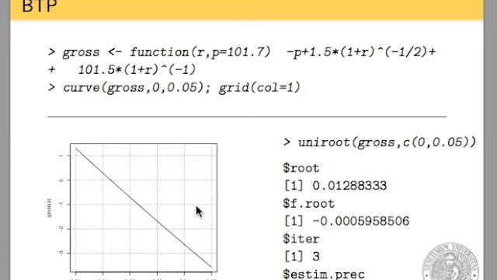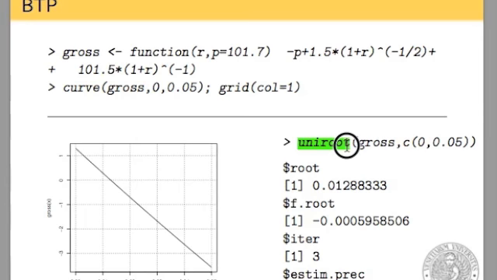More importantly, I see from this graph where a bracketing interval is. Remember that a bracketing interval is an interval in which there is a unique solution, and indeed this interval is, for example, the whole interval that you see here, meaning the interval 0 to 0.05, which is 5%.